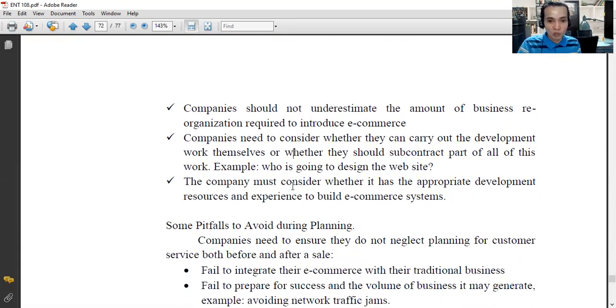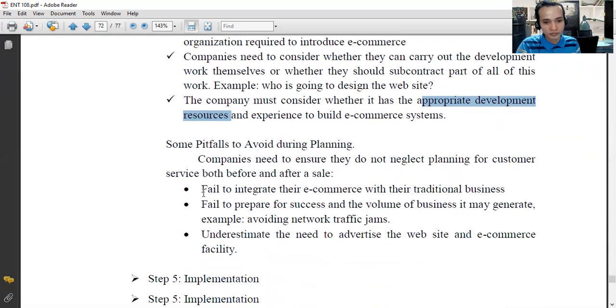Second is whether the company should consider what particular resources and capabilities you need to build up or create that e-commerce system in your respective organization.